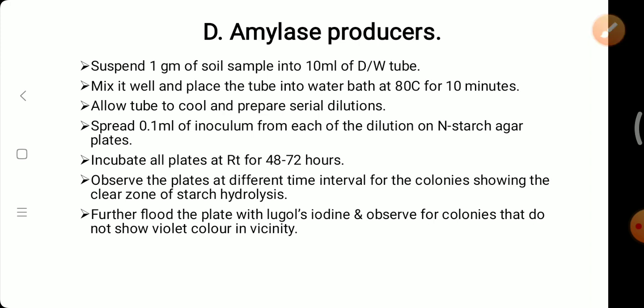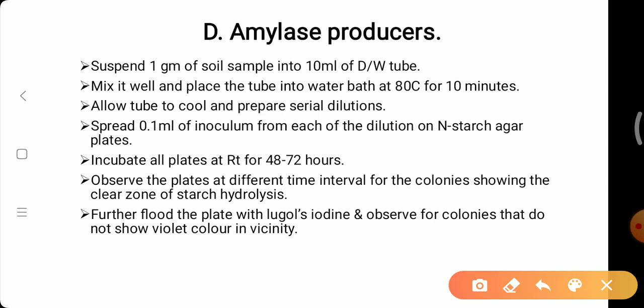Fourth, that is amylase producing organism, that is, enzyme producing organisms we will isolate from the soil. For that, we will take 1 gram of soil sample into a tube with 10 ml of distilled water, mix it well and place the tube into a water bath at 80°C for 10 minutes.